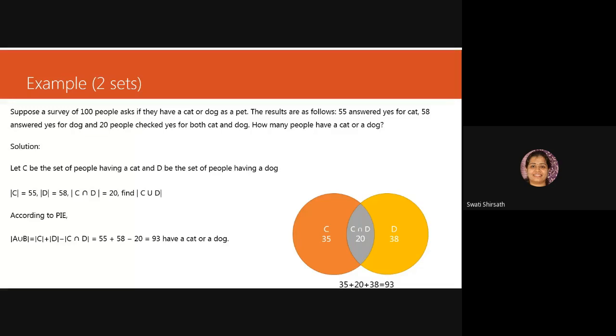The formula is good when two sets are given, but when three or more sets are there, then I personally prefer the Venn diagram, because it is very simple. In the formula you have to keep on calculating, only for two you have the formula, again only for three if it is asked, then you have to calculate the formula, so that becomes a tedious task.